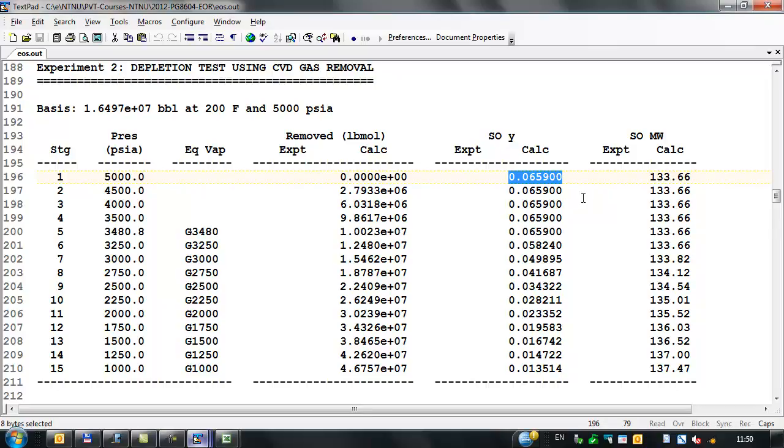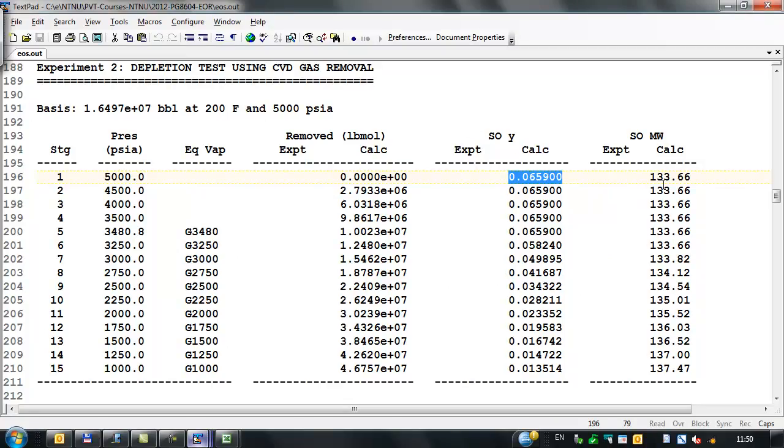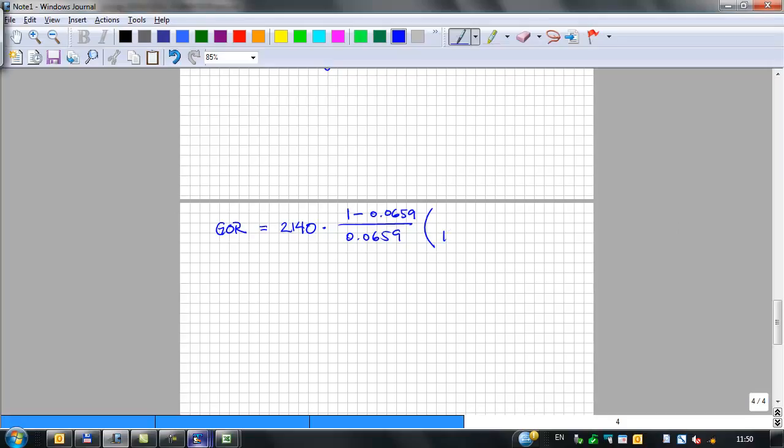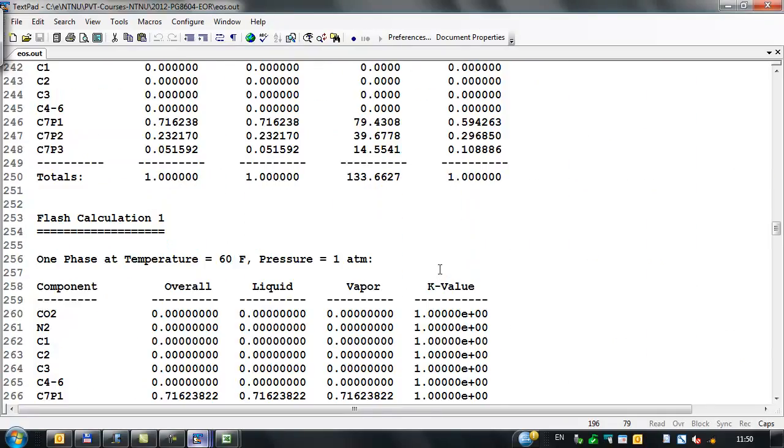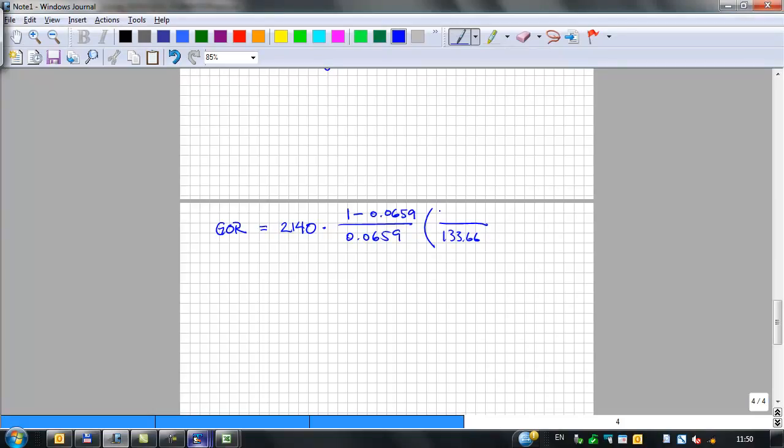So 6.6% becomes surface oil, 0.0659. We need the density. Multiply that by the density of the oil and divide by 133.66. And the density was down here, 781, but we need it in pounds per cubic feet, 62.4 approximately. So what do we get?